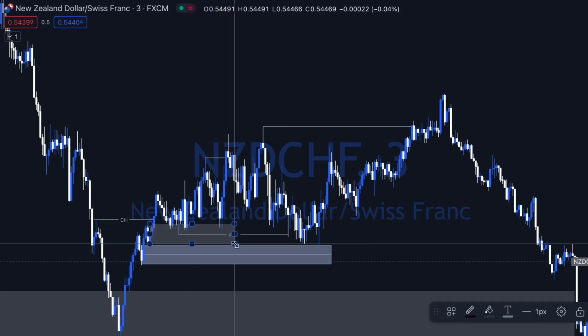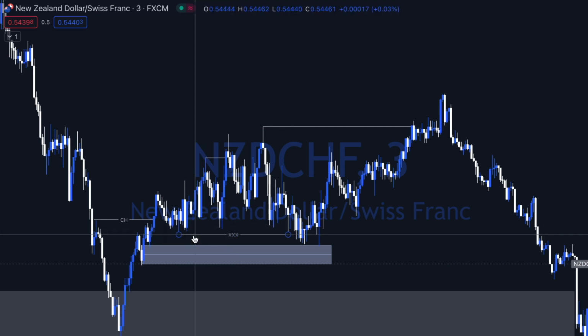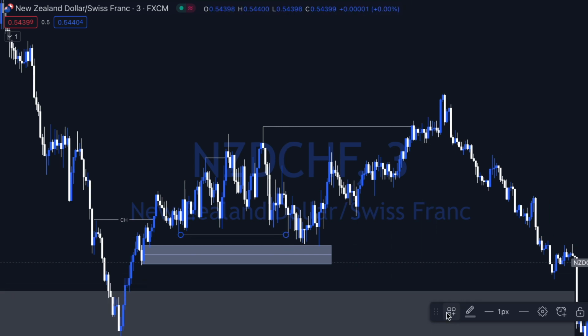So right here, this move right here was off of this demand zone. So that was already mitigated, and we had liquidity left. We had liquidity left behind right here. So I marked this up and I just waited patiently for price to come back, and it came back.